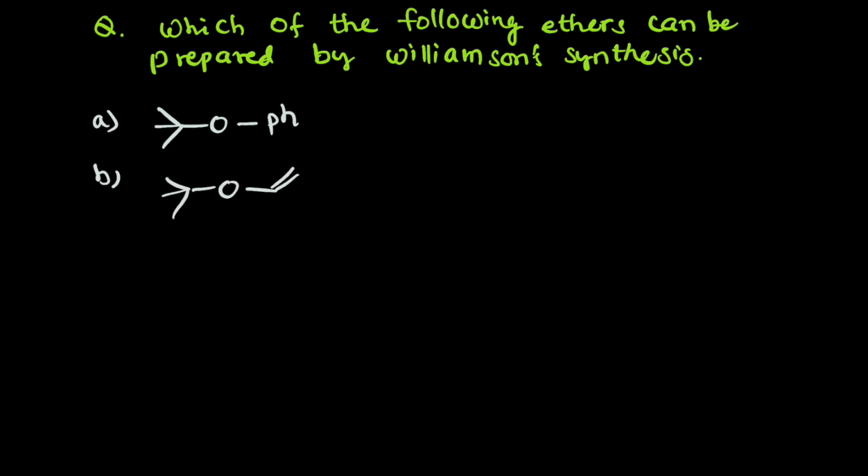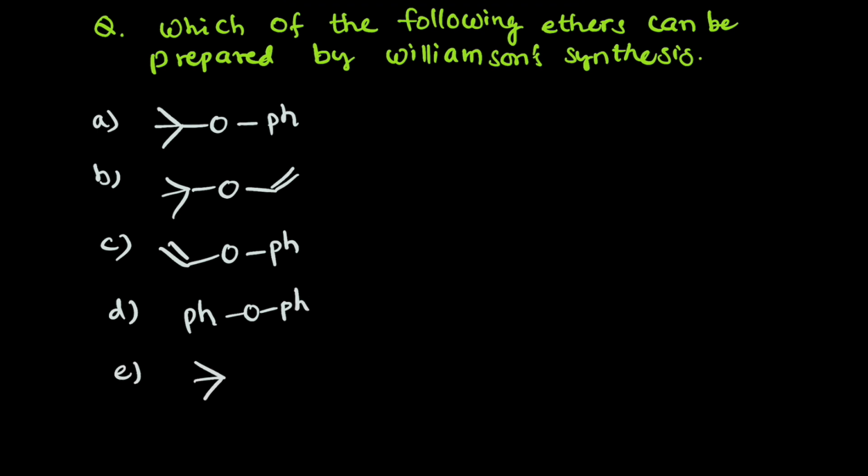In A, one side tertiary is there, one side phenyl is there. Tertiary means elimination, and phenyl means the bond does not break in the case of an aryl halide, so not possible. Second, B: tertiary on the left side, vinyl on the right side, sp2 bond does not break in the halide, therefore not.